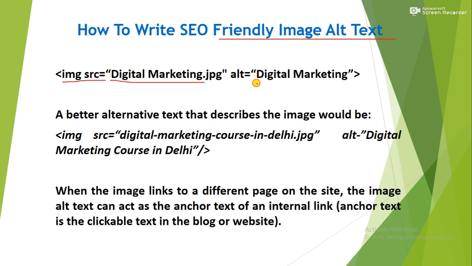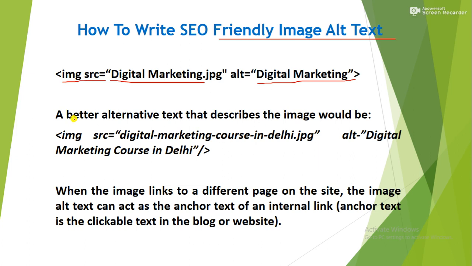Here you can write digital marketing. But you have to remember that it does not specify what kind of digital marketing. It could be a digital marketing course, a digital marketing institute, any other thing, or a digital marketing strategy. It does not specify that.